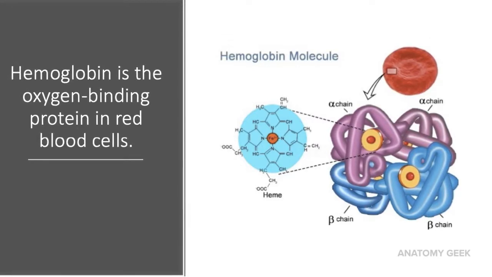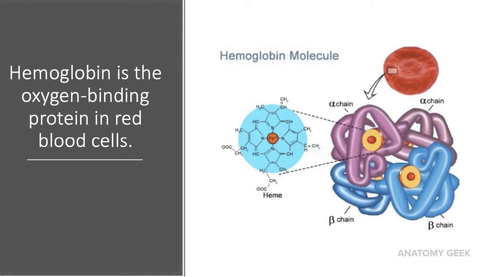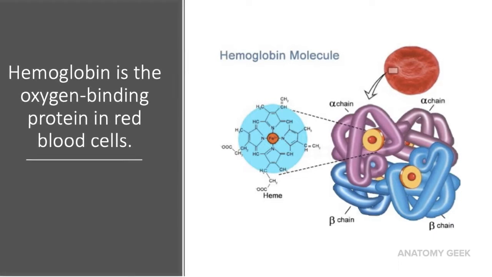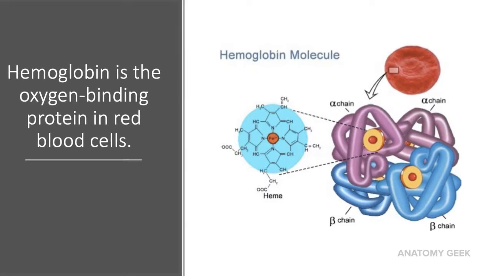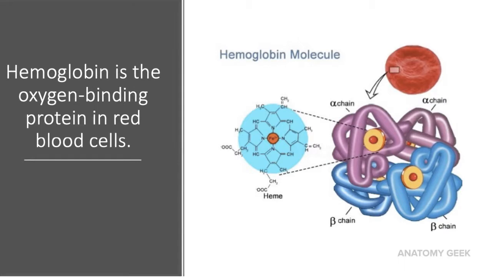At the core of each subunit is a molecule called heme. And at the core of each heme is iron.